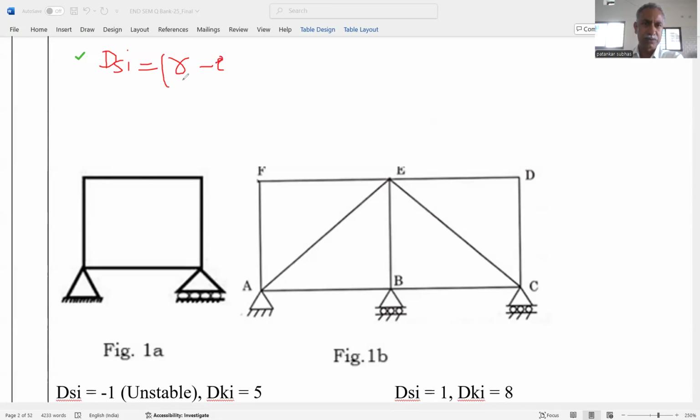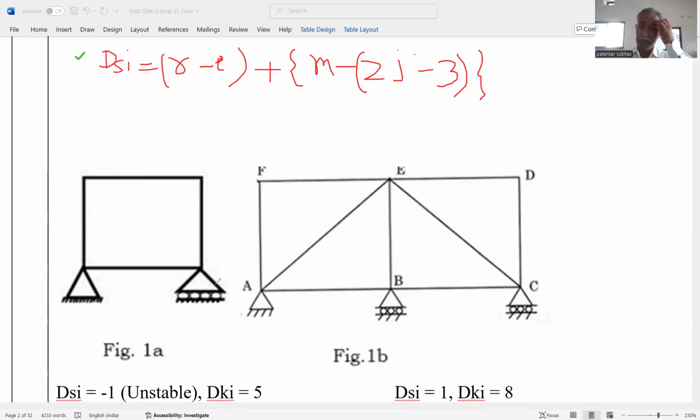This is the first equation, plus we can use M, the number of members, minus 2 times the joints, minus 2j minus 3. This is the equation which is used for internal redundancy.